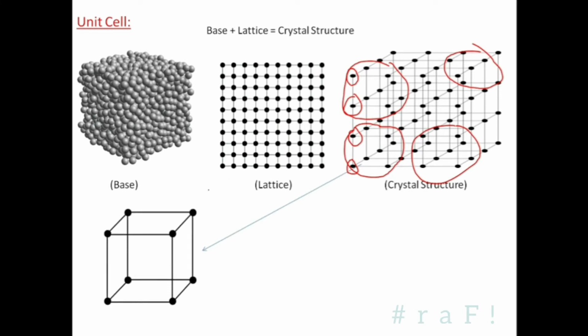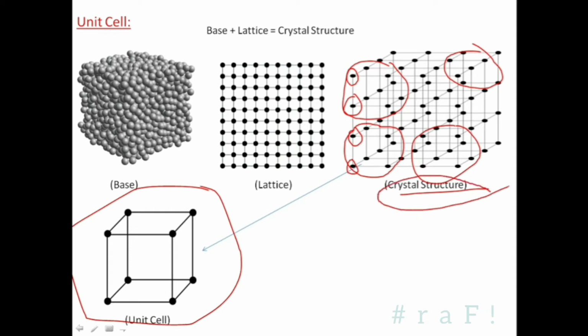This one is the smallest part or smallest pattern of this given crystal structure. This one we call a unit cell. Why? Because if we put one more unit cell beside this and repeat it again and again, we again get this crystal. That's why this small part we call a unit cell.